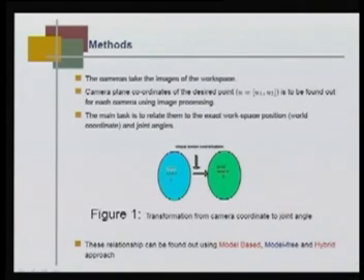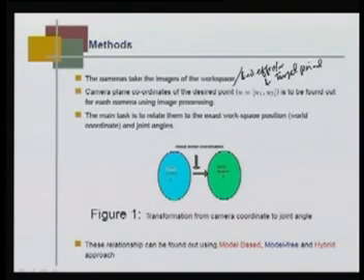So, methods: the cameras take images of the workspace. Workspace means it takes the image of the end effector, it locates where the end effector and the target point are. So, the cameras give us the information where the end effector is at the moment and where the target point is, and how far the target point is from the end effector.